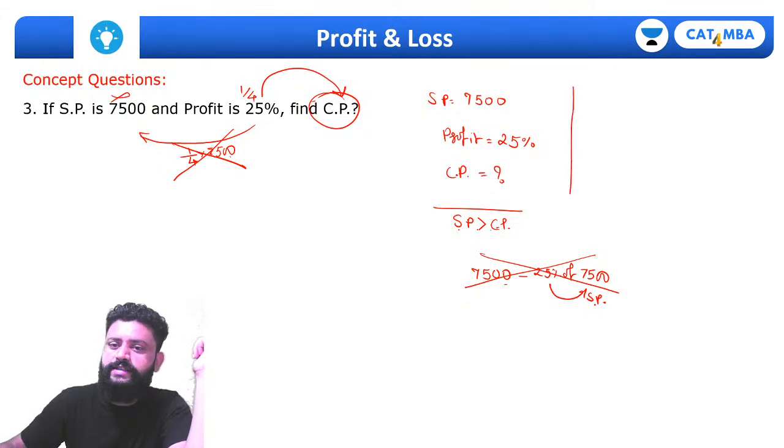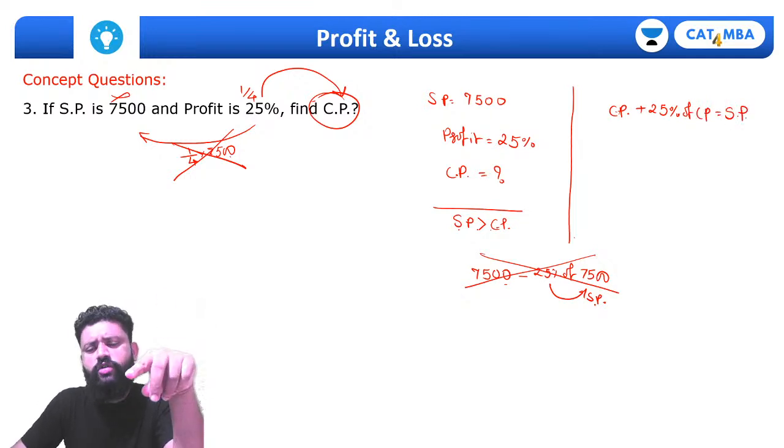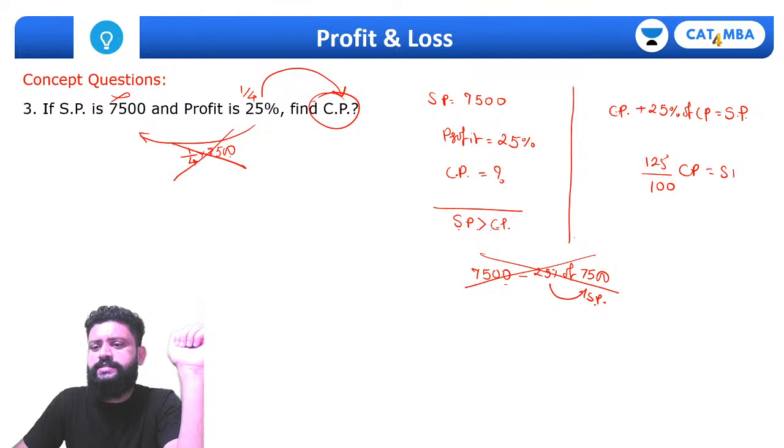So how to solve this question is cost price plus 25% of cost price must be equal to selling price. Now if you want to use the fraction, that's perfectly fine. अगर किसी को fraction नहीं use करना है, they can simply write it is 125%, that is 125 upon 100 into CP is SP, and the selling price given is 7500, right?